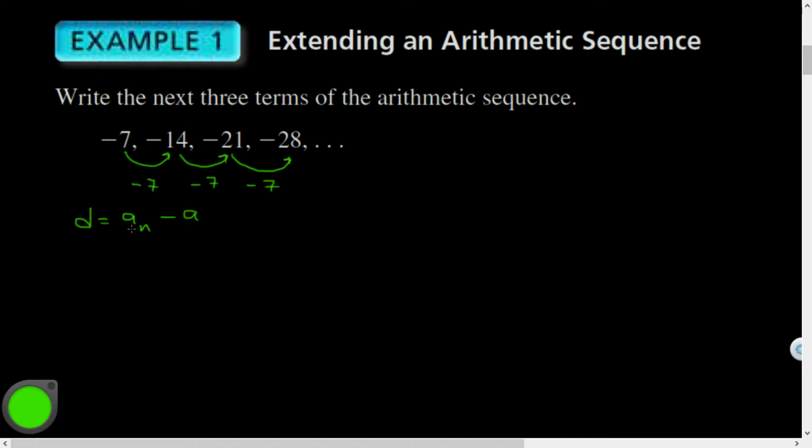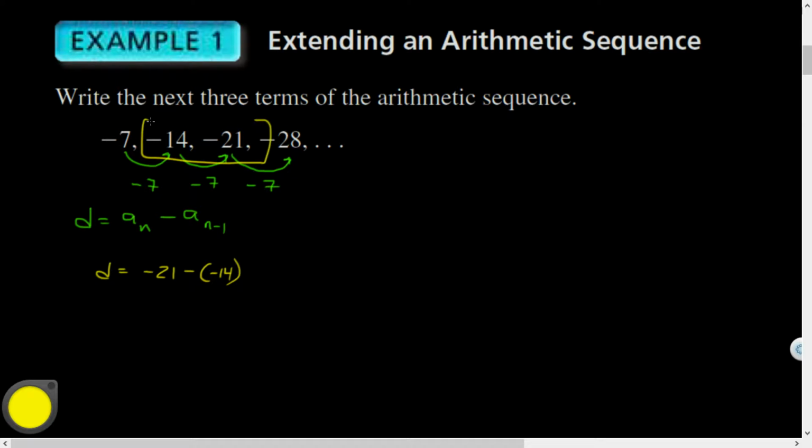So if the term that I'm describing is a sub n, the term before a sub n would be a sub n minus 1. Notice this minus 1 is on the level of this subscript. I'm referring to the term before it. Any two consecutive terms will work. So if I wanted to find the common difference, I could have done negative 21 minus negative 14.